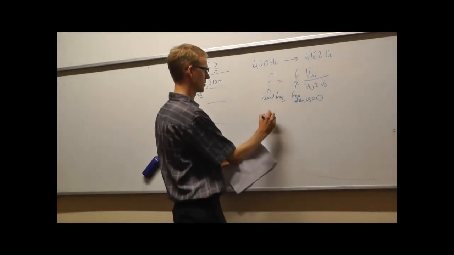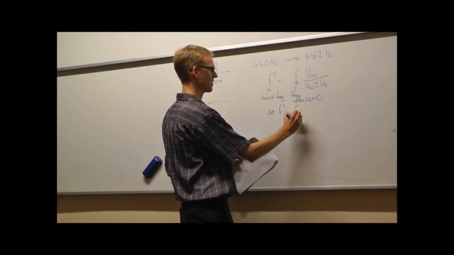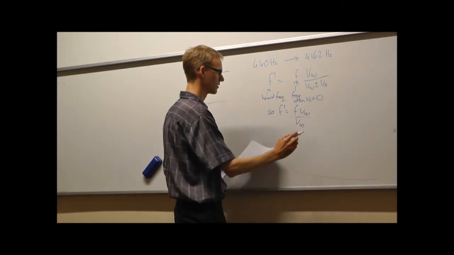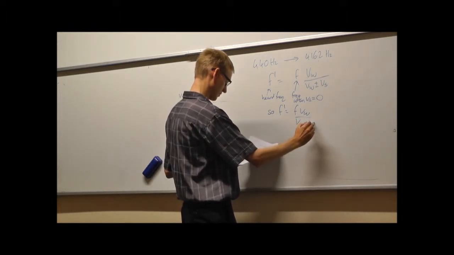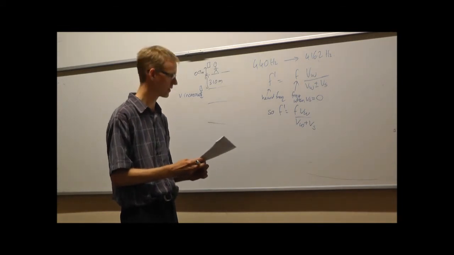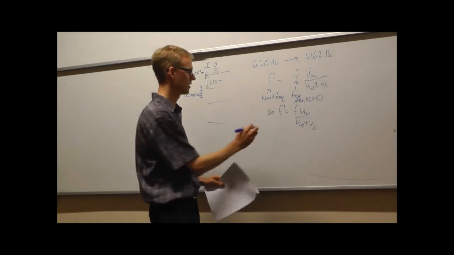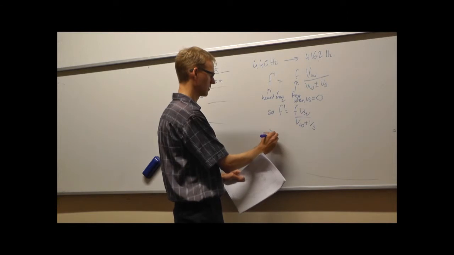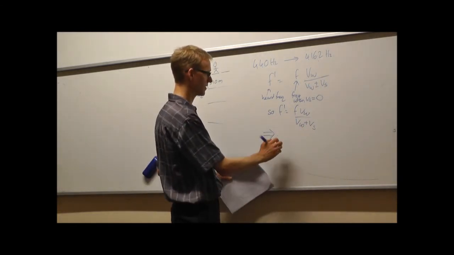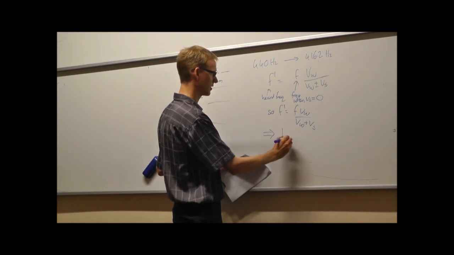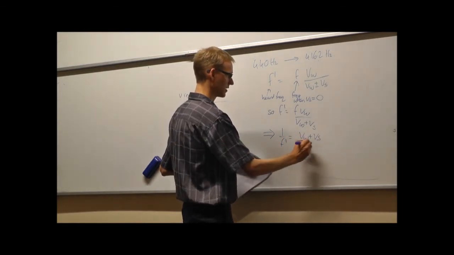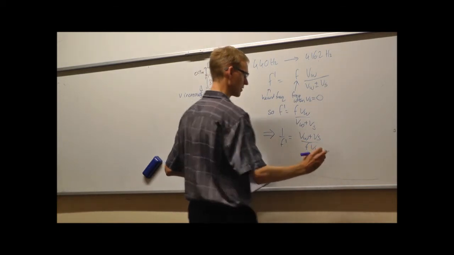So, F prime equals F Vw over Vw plus Vs. So that implies, if we want to find Vs, 1 over F prime equals (Vw plus Vs) over F Vw.